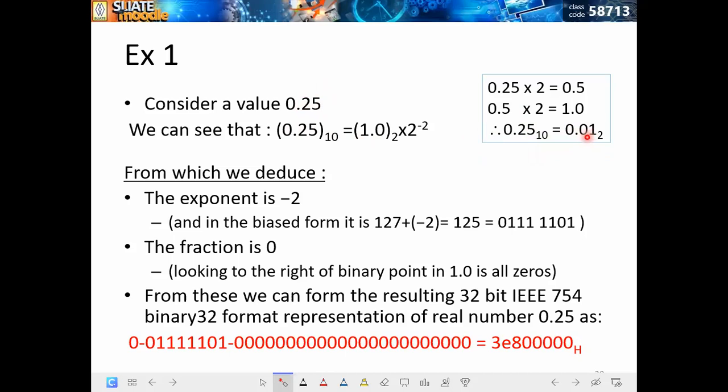Then step 2, you have to write it in normalized way. When you write it in normalized form, you can write it as 1.0 times 2 to the power minus 2, because we have to move the binary point two places to the right, so that the binary point comes here. 2 to the power minus 2.